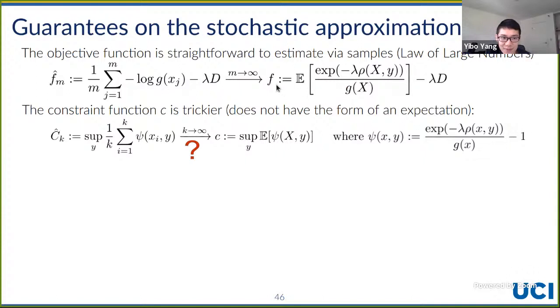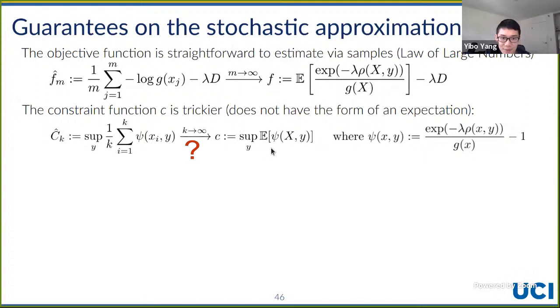This is straightforward because for the objective function, this expectation here, we can just estimate it by the sample mean. And we have guarantees on how fast this converges by various laws of large numbers. But the constraint function is trickier.